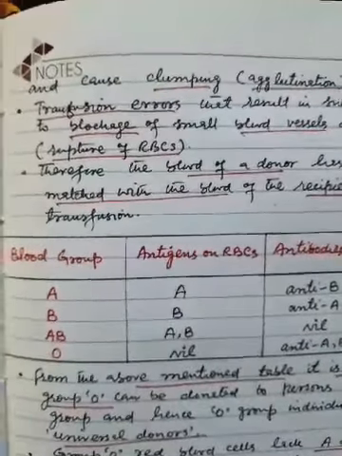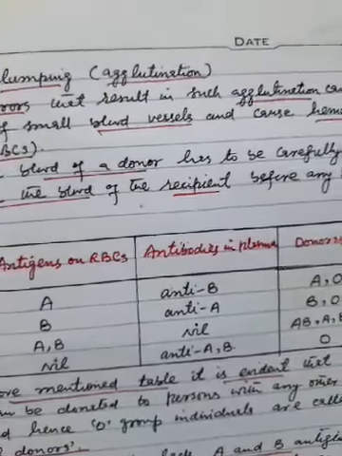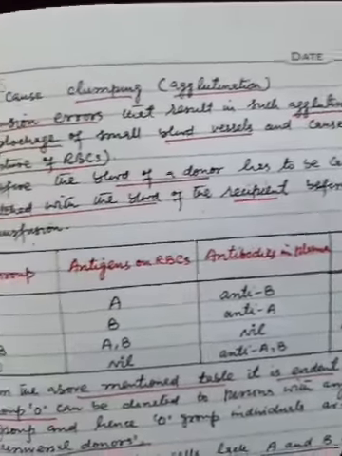The below table shows blood group, antigens on RBCs, antibodies in plasma, and donors group.